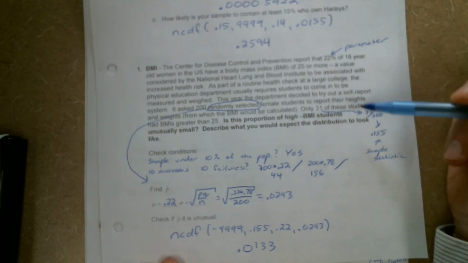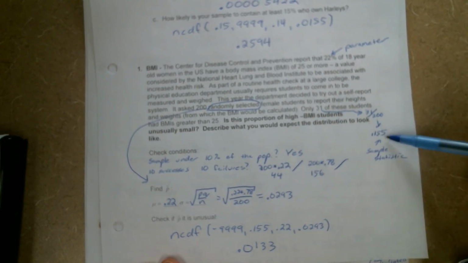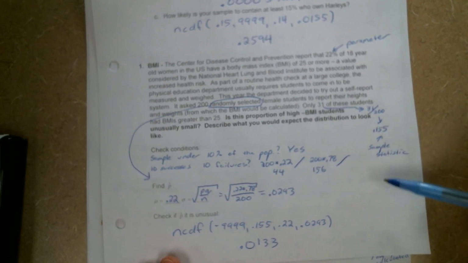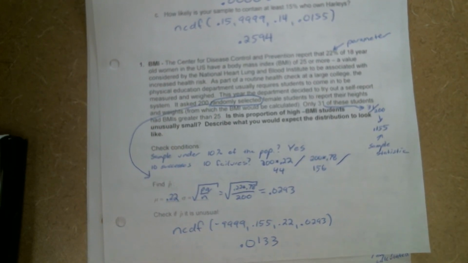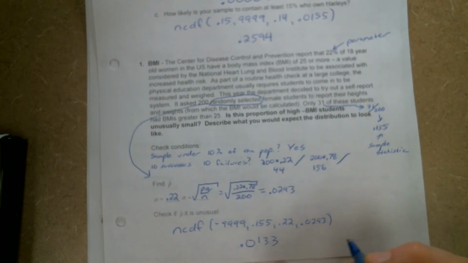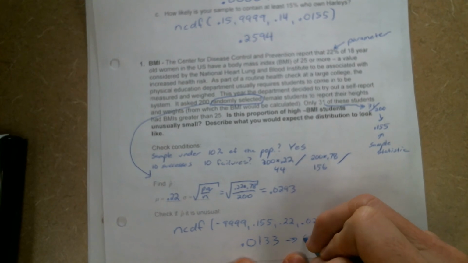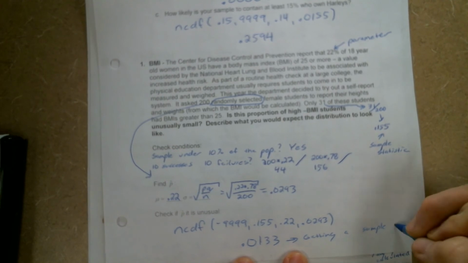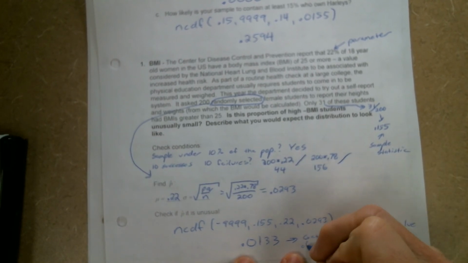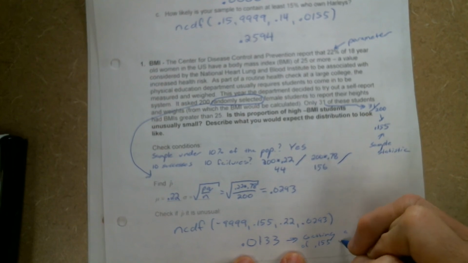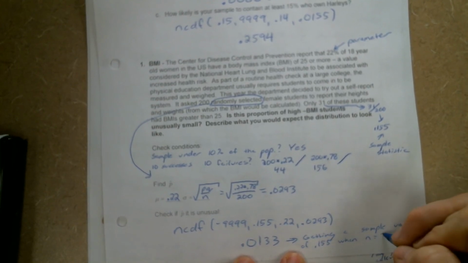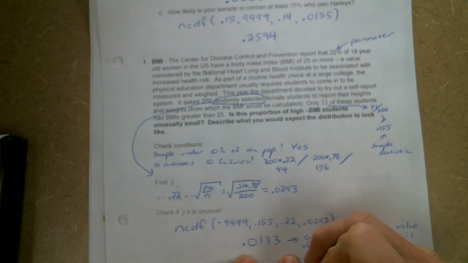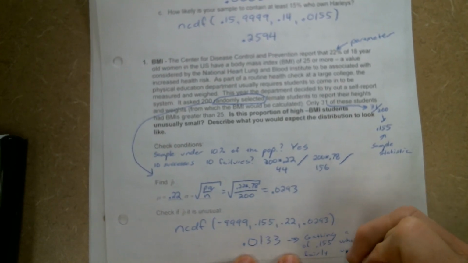So if this parameter is true, there was a 1% chance of getting a sample that only had 15%, which might suggest that self-reporting is not as accurate as actually doing the measurements. So getting a sample value of 0.155 when n equals 200 is fairly unlikely.